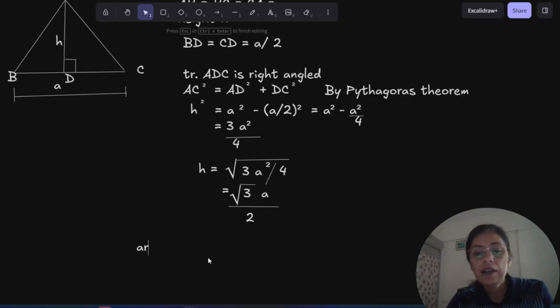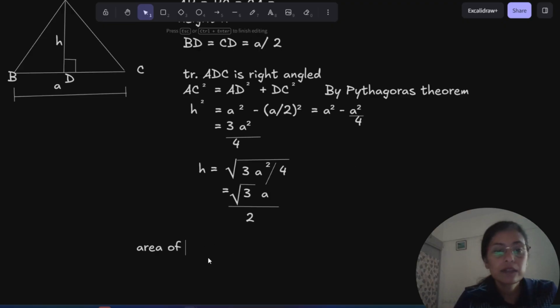So this means the area of triangle ABC will be equal to half of base into height.